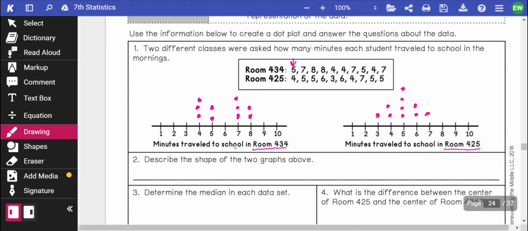You should have concluded that the left graph, 434, has no pattern, while 425 is symmetrical, so we're going to use our new term for that one.